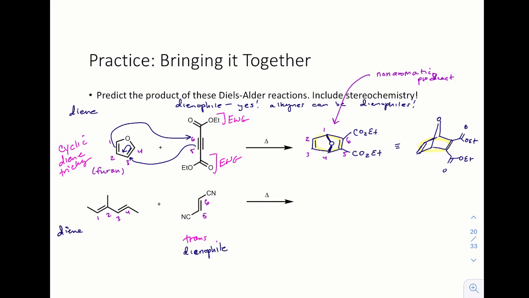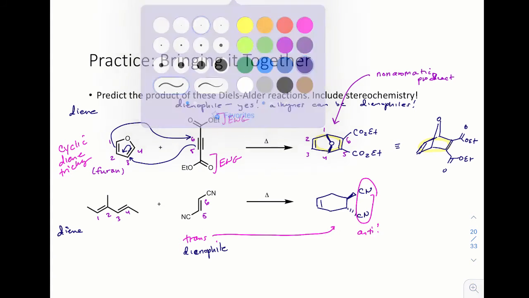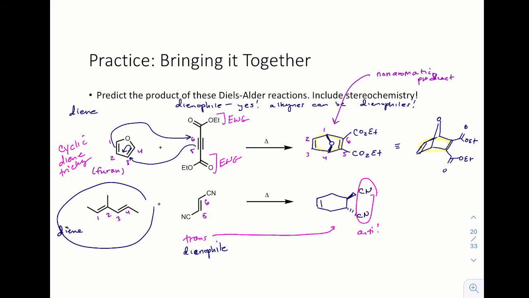In the second reaction, we see the trans-dienophile, which will certainly yield these electron withdrawing groups in an anti-position in the resulting cyclohexene product. And if we wanted, we can even draw that part out right now. The diene, however, is drawn in the S-trans conformation. So let's go ahead and flip it into the S-cis conformation to facilitate proper drawing of the product.